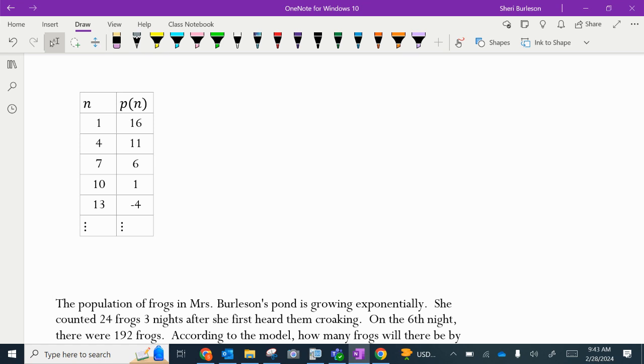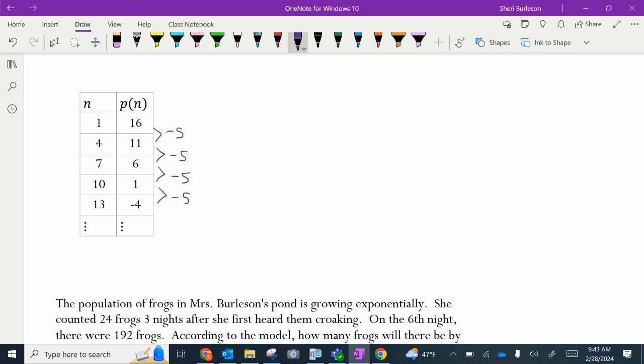So just looking at this, we're not seeing a whole lot of change between them. So my gut instinct also would be, do we see over equal length input value intervals, do we see a constant change?